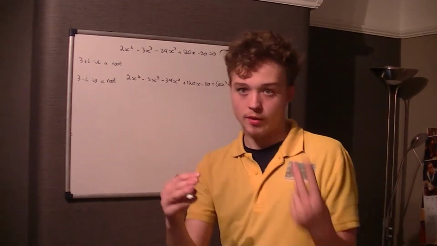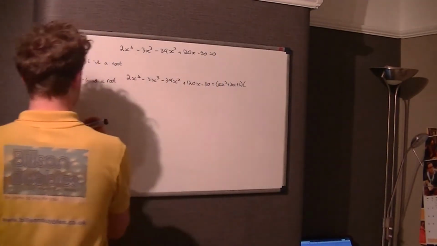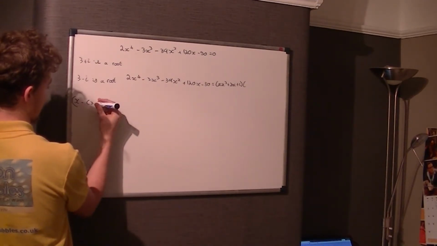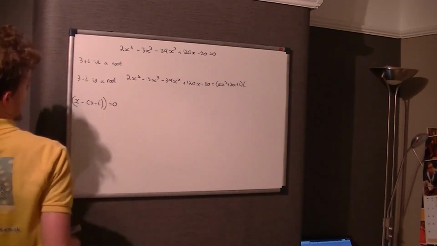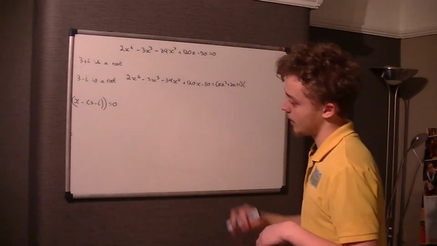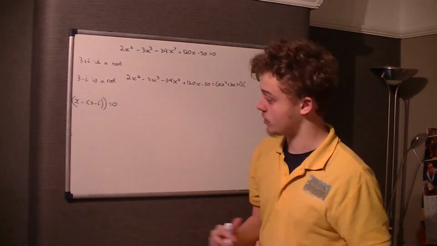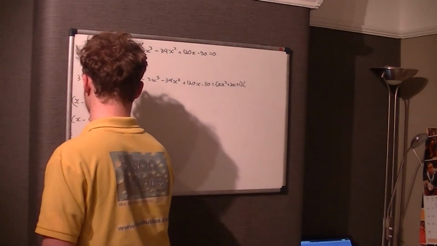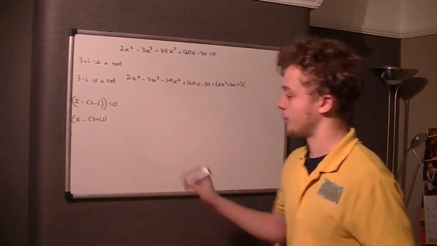As I said in the previous part of this video, when 3 + i is a root, then (x - (3 + i)) = 0 is a factor, and the other root must give x - (3 - i), that also equals 0.